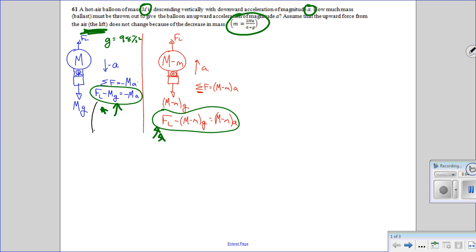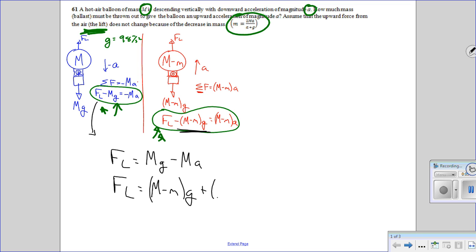So this first equation, if we solve it for lift, becomes lift force equals, I'm going to add mg to both sides. And so you get capital Mg minus capital Ma. The bottom equation becomes lift force equals, I'm going to add this mess to both sides. So I'm going to get (M minus m) times g plus (M minus m) times a.